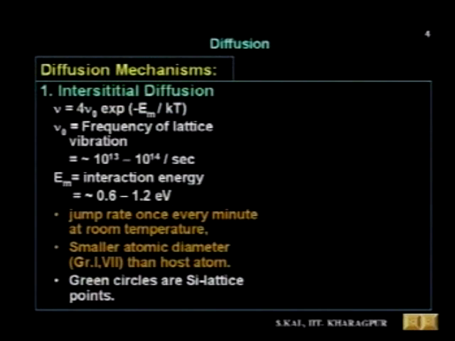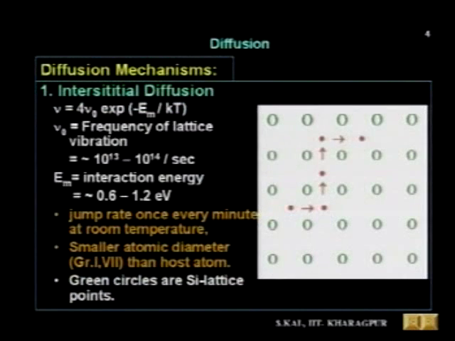Here is the diagram which shows interstitial diffusion. In this diagram the green circles are silicon lattice points. They are separated by a lattice distance, the crystal lattice distance, that is from one lattice point to another lattice point, and that distance is uniform over the entire bulk single crystal silicon.